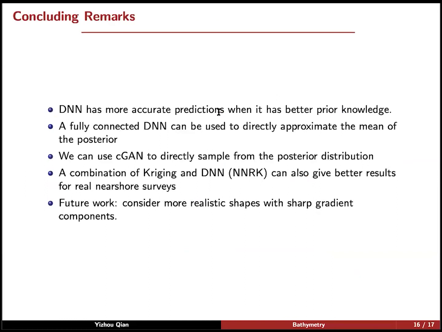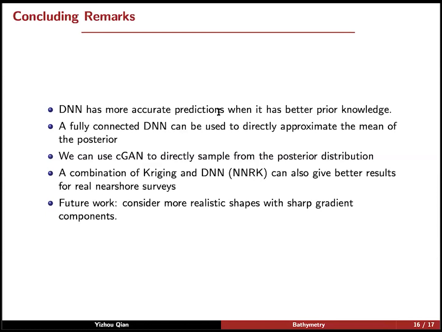So to conclude, we can use a deep neural network to make better or more accurate predictions when we have better prior knowledge of our data. When we use a fully connected deep neural network, we can directly approximate the mean or average of the posterior distribution.